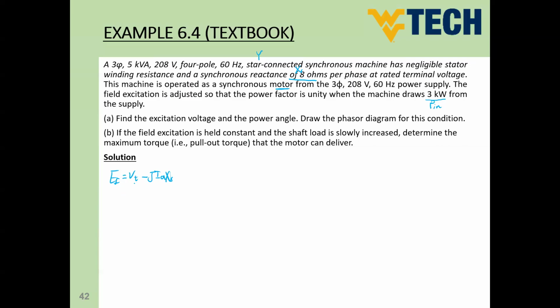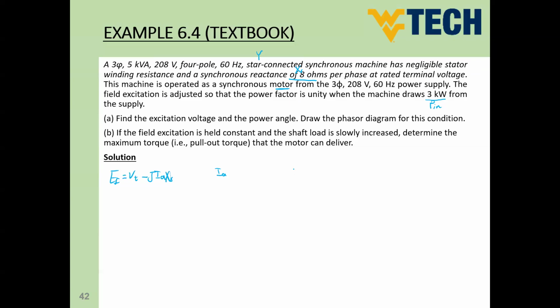Terminal volt is given, which is 208 volt. So what is the current? How can we get the current? Look at the operating condition. The machine is drawing 3 kilowatts, and you have the unity power factor. So you know the power factor is unity.